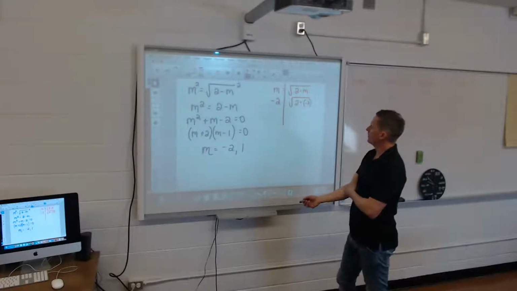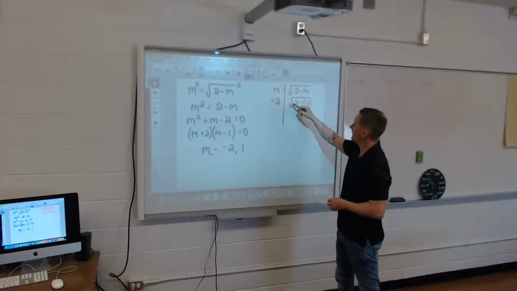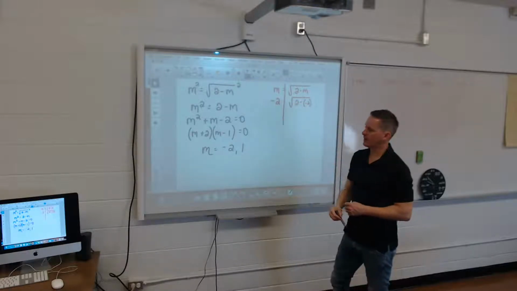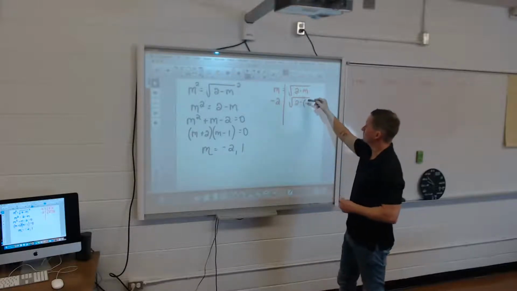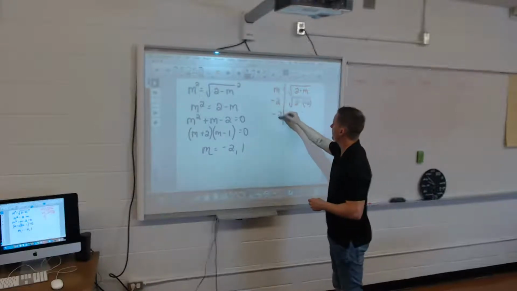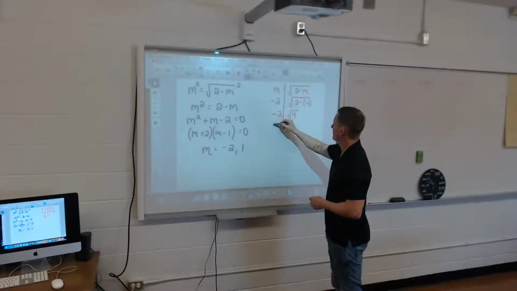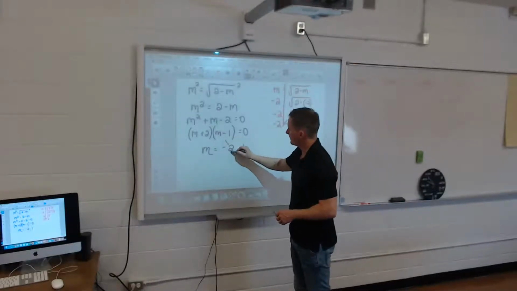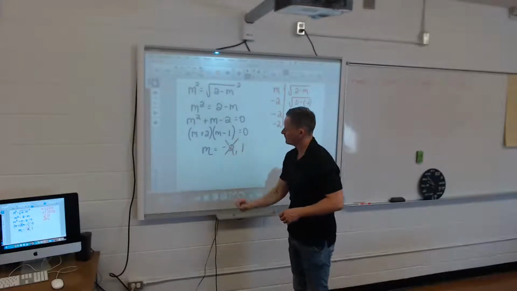So first thing I notice is I have a square root. It can't equal a negative number. So even though this looks like it works, it can't work, because when I do this, that's not happening.